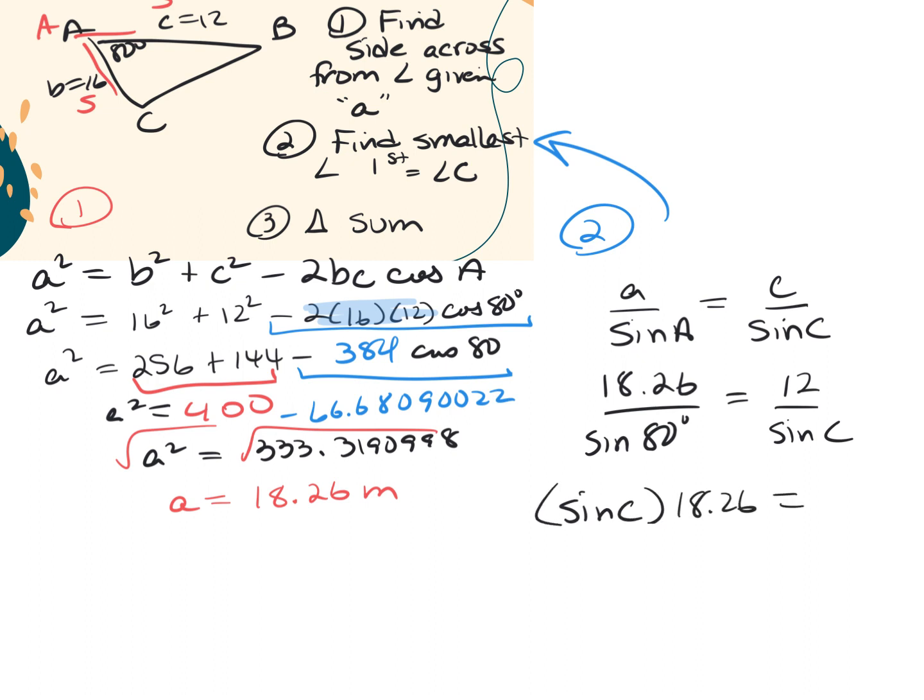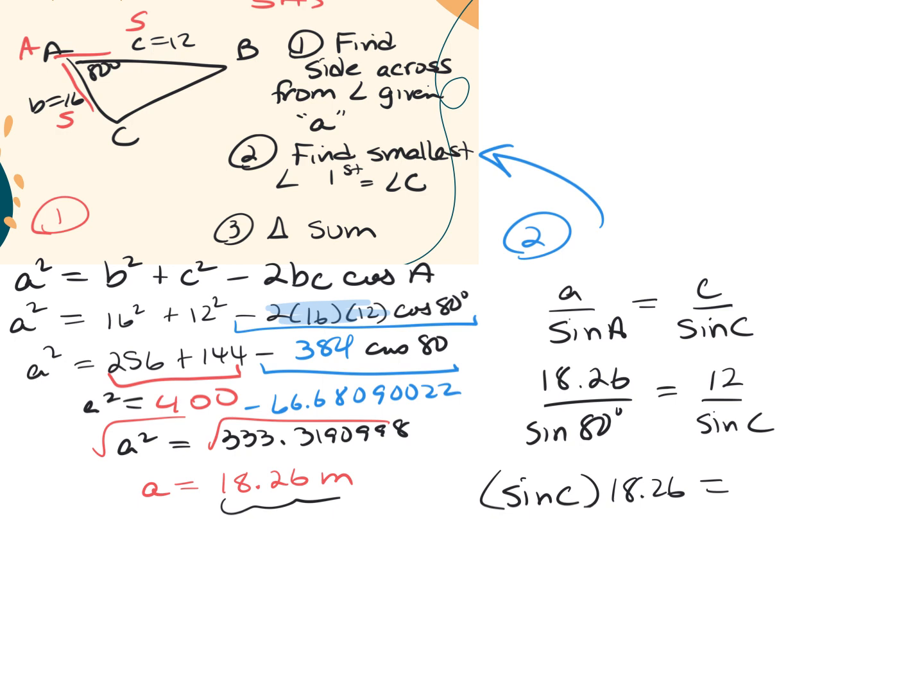Now, again, you may need to leave this really long number that you got here. This was rounded. Again, just be careful when you're doing the WebAssign in case they want you not to use rounded numbers. And then now we'll multiply sine of 80 times 12, divide by 18.26.